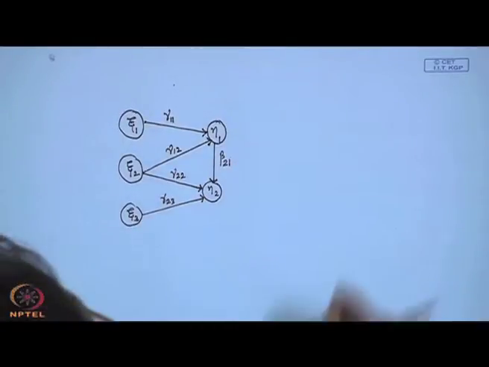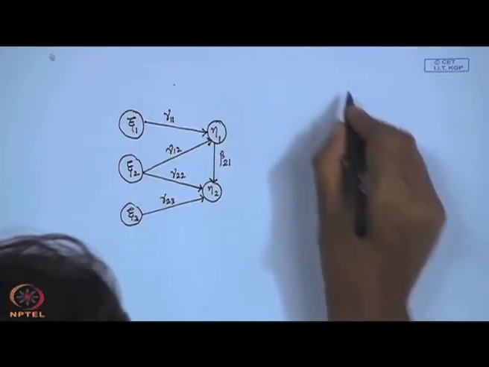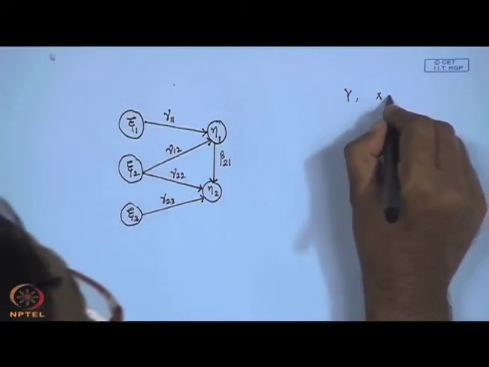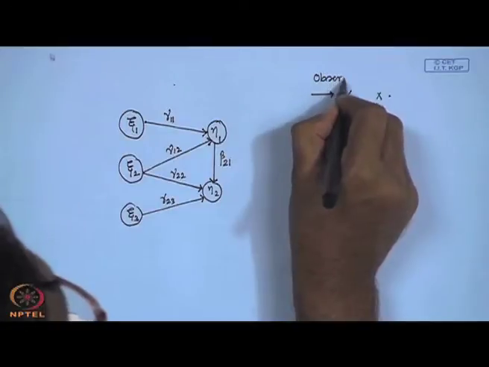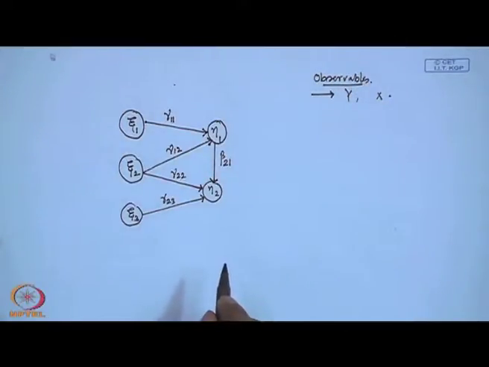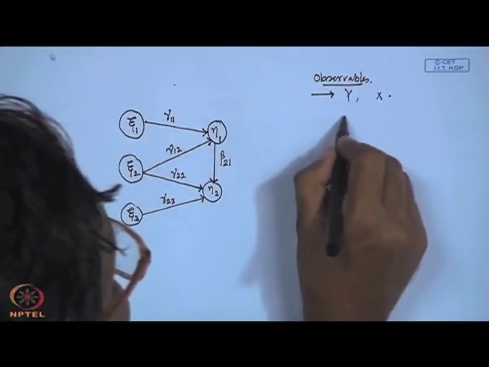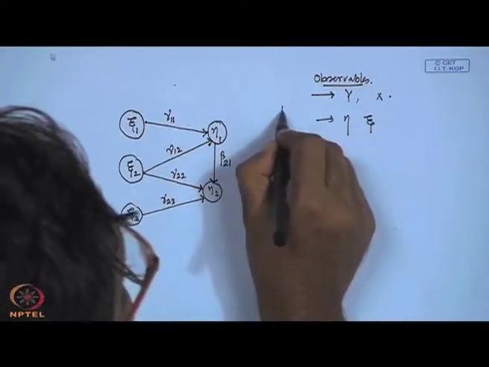Okay. Now the difference between this path model, what I have shown in the path model in terms of y and x. When we talk in terms of y and x, we say they are observables. Now when we are saying in terms of eta and xi, they are latent or unobservables.